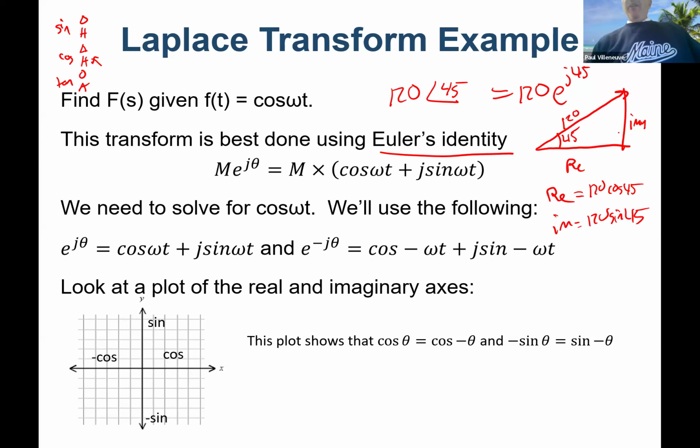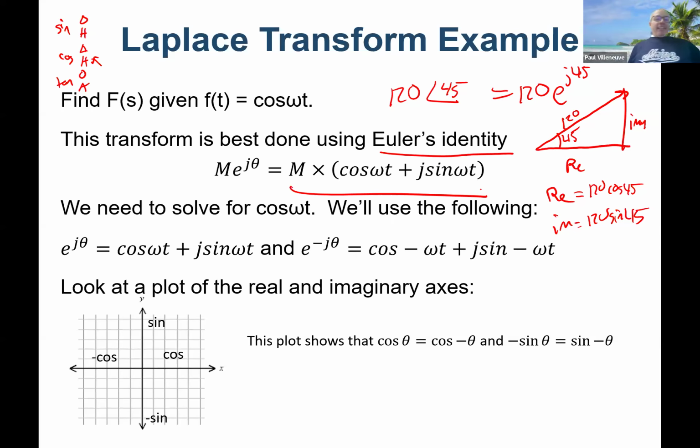So this is the real part and this is the imaginary part, because I have that 90 degrees of separation, right? We call it that if we're doing phasors. Isn't that what we just did right there? M, which is 120, times the cosine of omega t, or cosine of 45 degrees, gives me my real part, plus j M, which again is 120, times the sine of omega t, 45 degrees, gives me the imaginary part. So if you've been doing rectangular and polar conversions at all, you've been doing Euler's identity all the time.